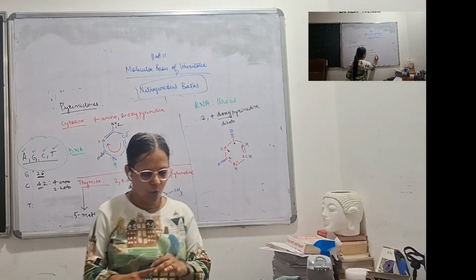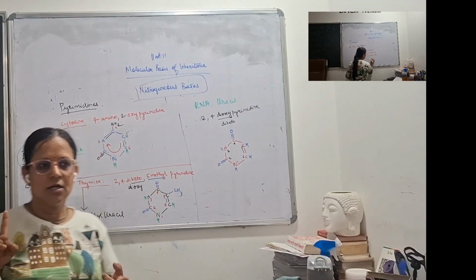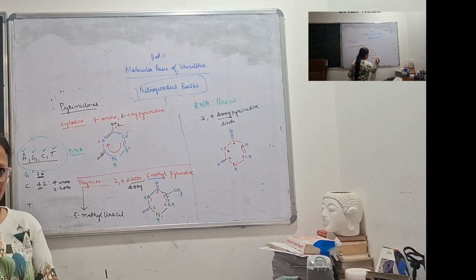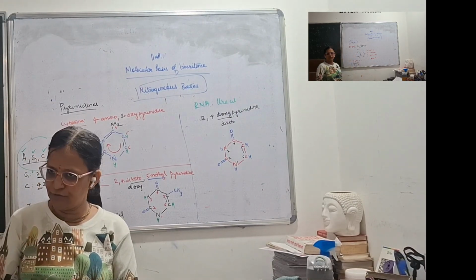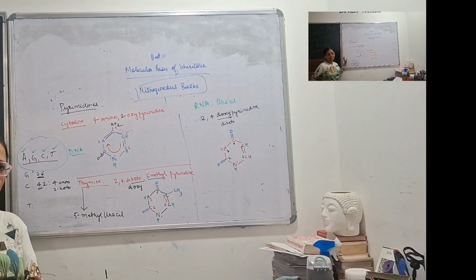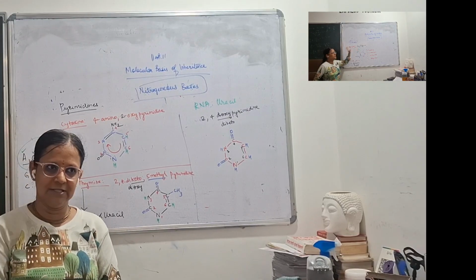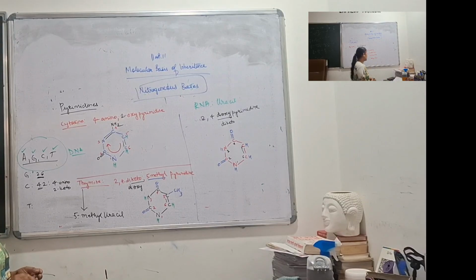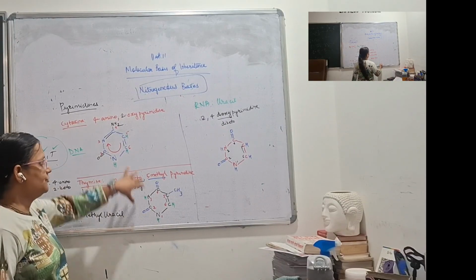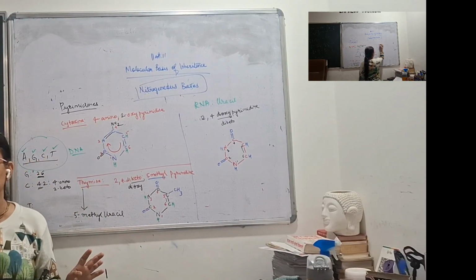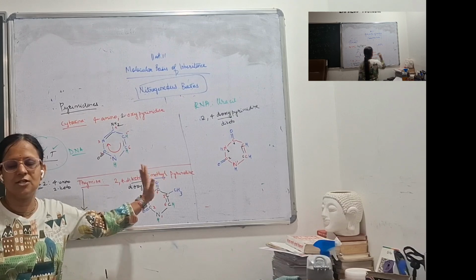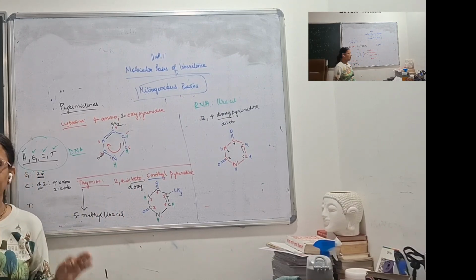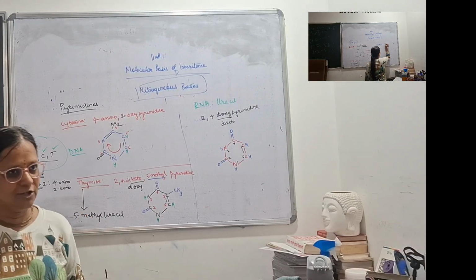So, today what we have done is, we have studied the structure of ribose sugar, deoxyribose sugar, then the phosphate structure and the structure of all 5 nitrogenous bases. Now, if you find a structure different from this, then this is an abnormal structure. These are the normal structures found in the DNA and RNA of all living organisms on planet Earth.